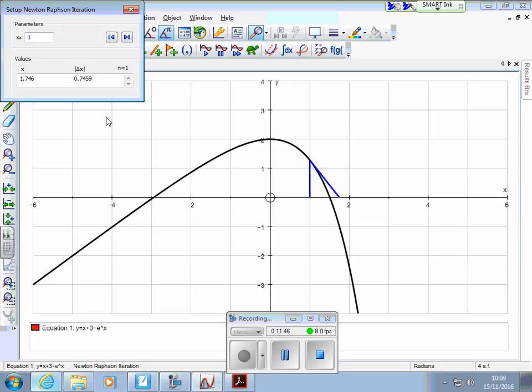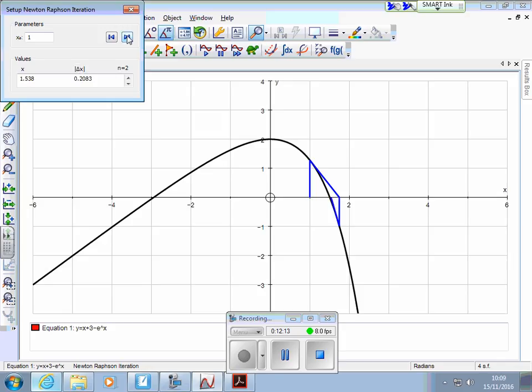So the next guess is 1.746. This line here represents the slope, which is f dash when x is equal to 1. You can see that this line is the slope of the function at x equal to 1.